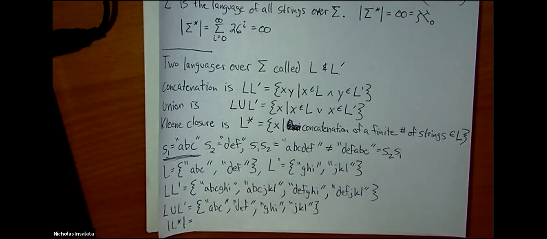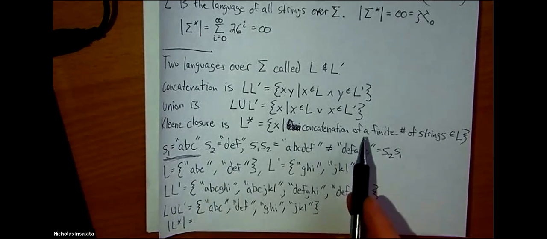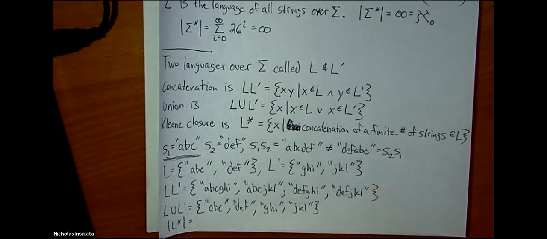Do you mean like the power set of L? Of the subset of L that the Kleene closure is composed of. Not exactly, because the size of that power set in this case would just be 4, right? Because there's 2 things in here, right? But this could be any finite concatenation of strings.